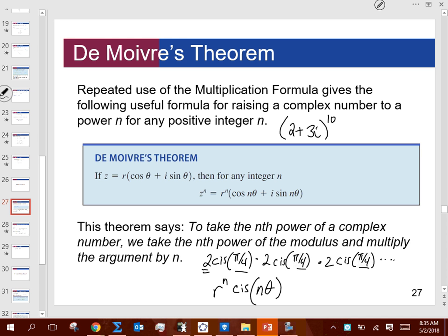So the best thing to do is to convert that to polar form, and then use de Moivre's theorem, which is going to basically just say you raise your r to the power 10, you take your theta and you multiply it by 10, and now you've got that complex number in polar form multiplied by itself 10 times, and then you change back to rectangular to see what that looks like. Okay, so let's do a couple examples here. I think you're going to pick up on this pretty quickly.